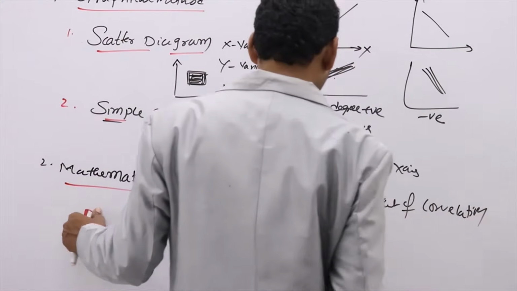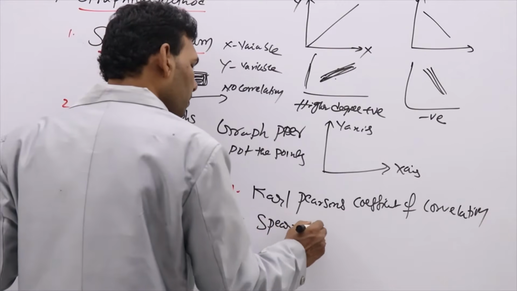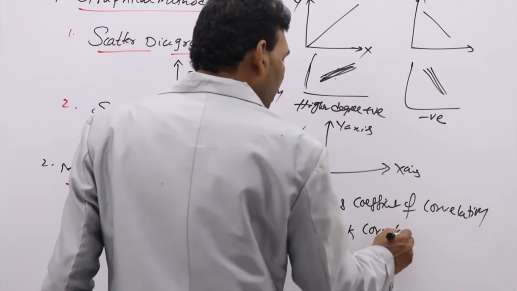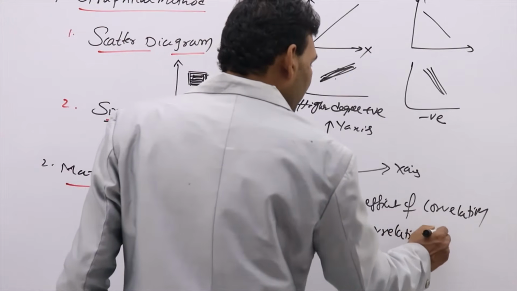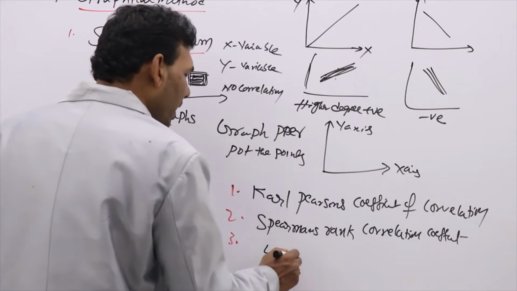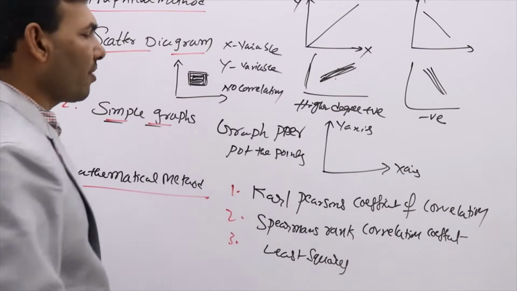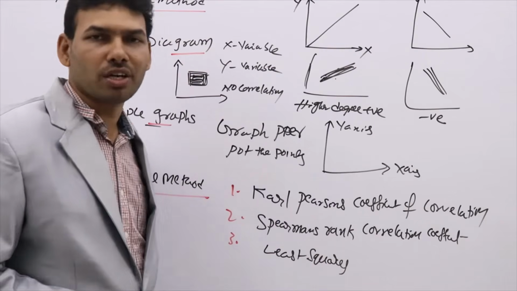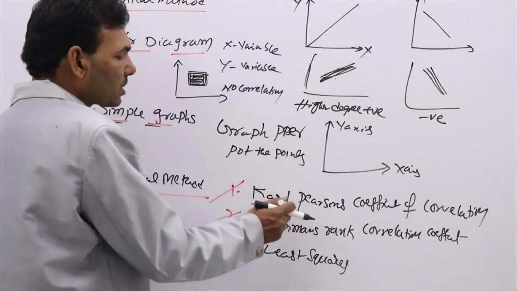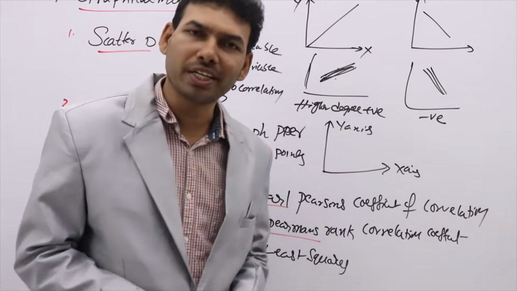Another is Spearman's rank correlation coefficient. And the method of least squares. Like this, we have so many methods, and that one comes under regression also. Here we concentrate mostly on Karl Pearson's coefficient of correlation and Spearman's rank correlation coefficient.